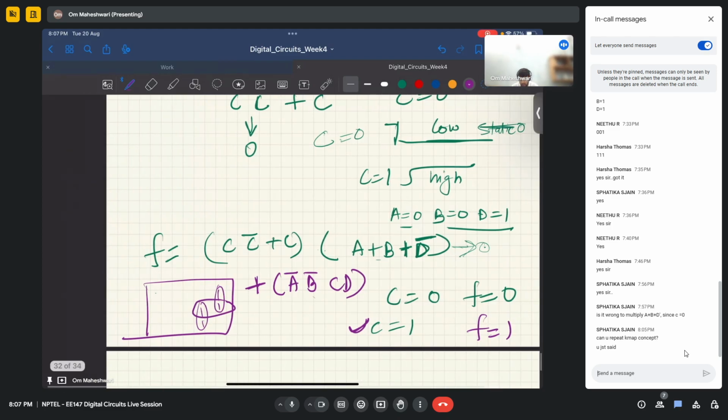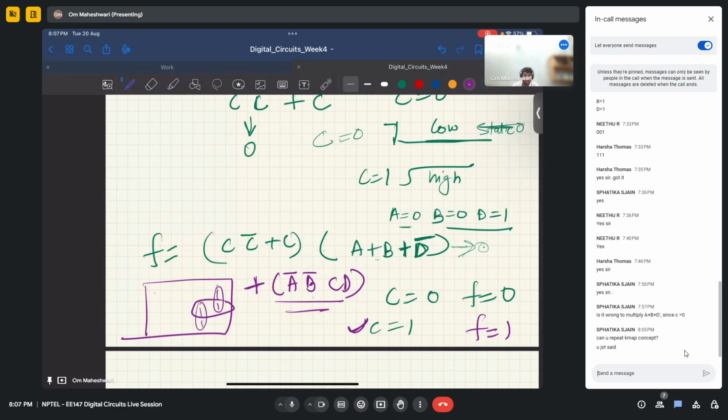But by introducing this term in a four variable K-map, it is like an isolated one. We are not grouping anything here. We are actually introducing another isolated one. So this is something we should not do, right? That's what I was saying. So that's why I'm a little bit skeptical whether we should do this or not.